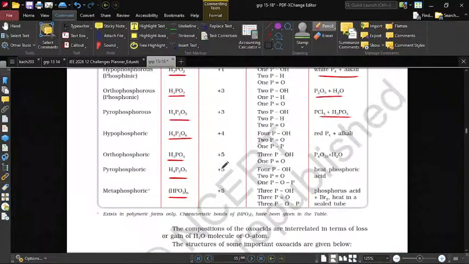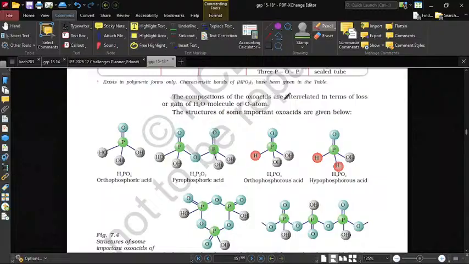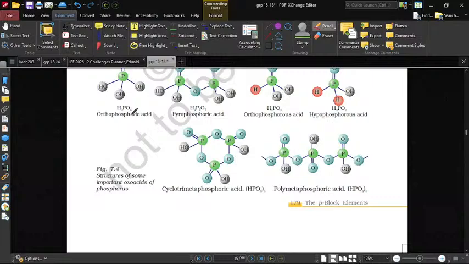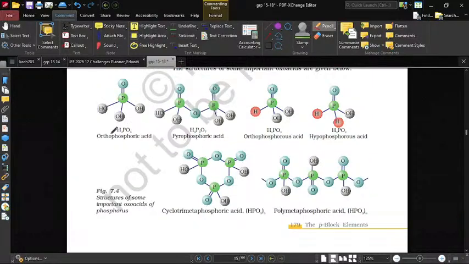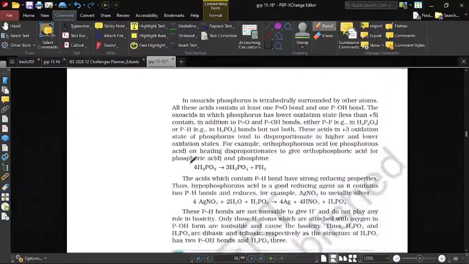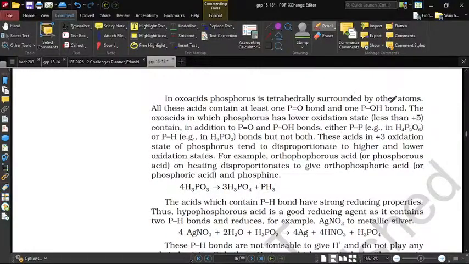The composition of oxo acids are interrelated in terms of loss or gain of H2O molecules or oxygen atom. The structure of some important oxo acids are given below. H3PO4. In oxo acids, phosphorus is tetrahedrally surrounded by other atoms.